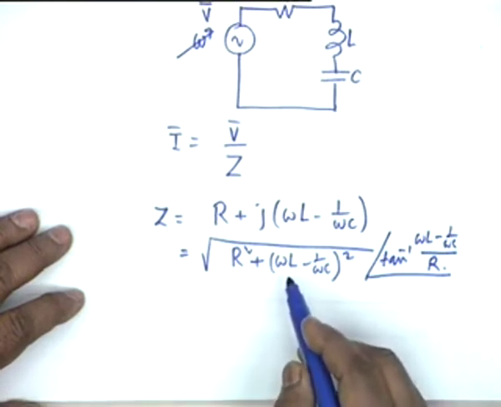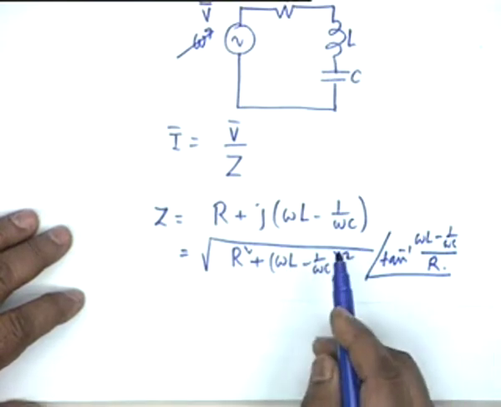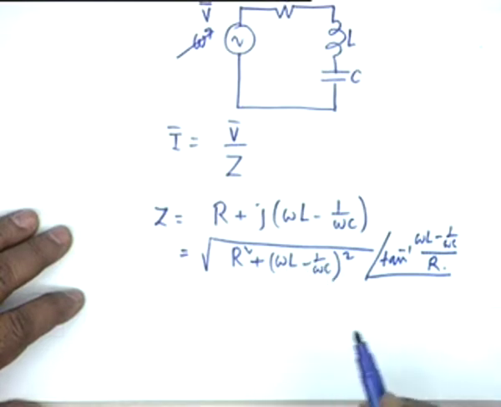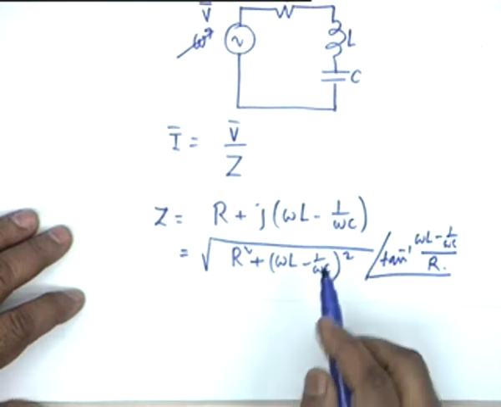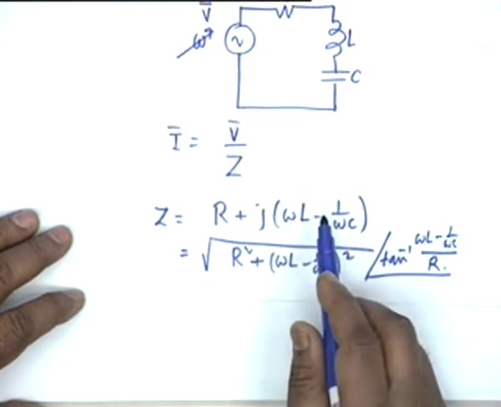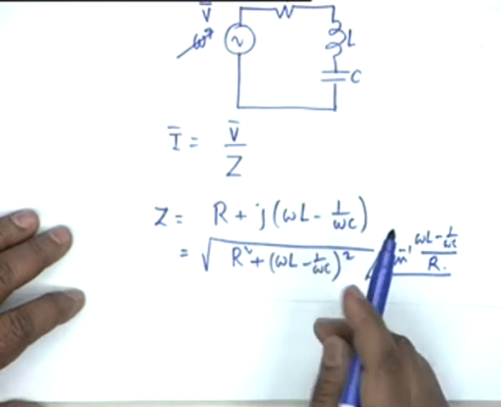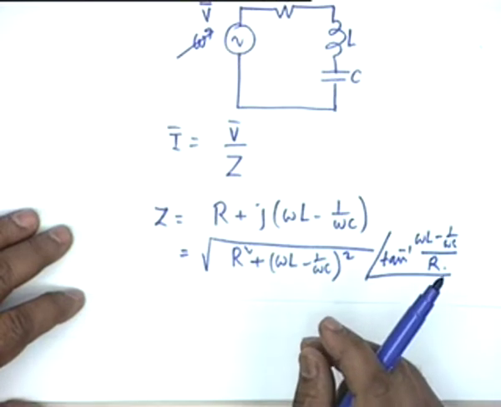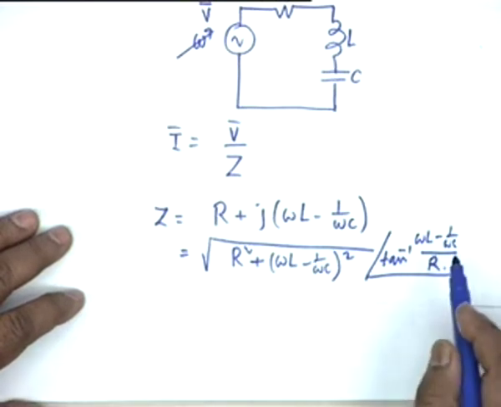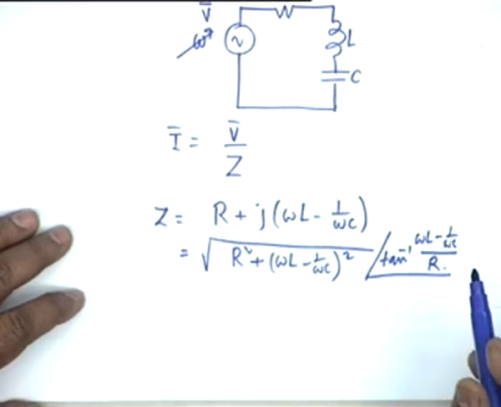As omega is increased, there will be reached a point when omega L becomes equal to 1 by omega C, and under that condition the circuit shall be purely resistive, that is, the imaginary part or the reactive part shall be 0, it will be purely resistive, and the impedance obviously shall be a minimum. The angle at that point, when omega L is equal to 1 by omega C, is obviously 0.